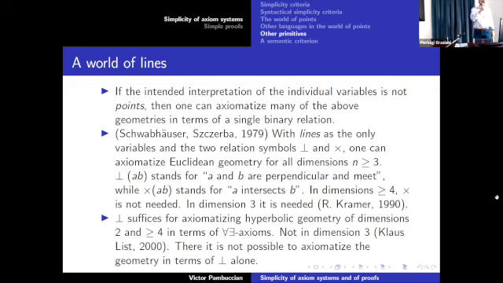What happens in hyperbolic geometry? In dimensions 2 and greater than or equal to 4, you can get by with just perpendicularity. And with perpendicularity, you can do it with universal existential axioms. This is something I've shown in 2004.